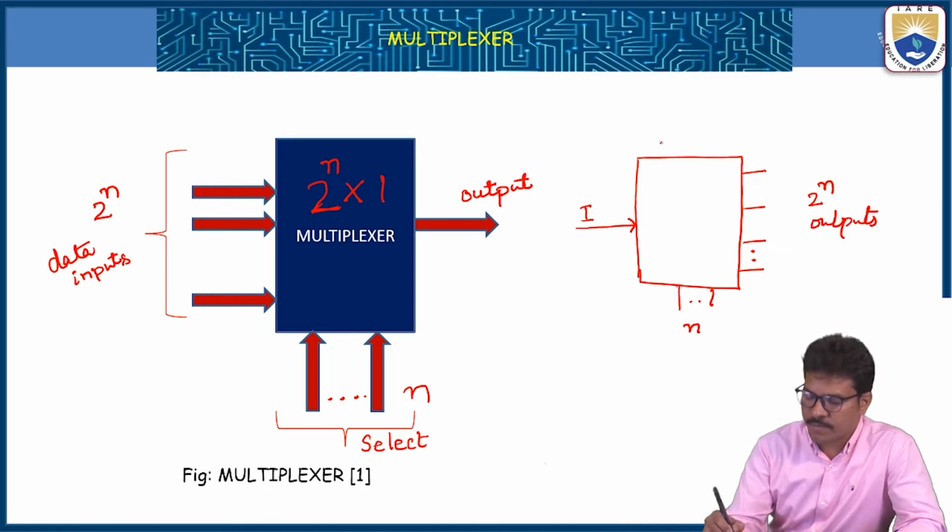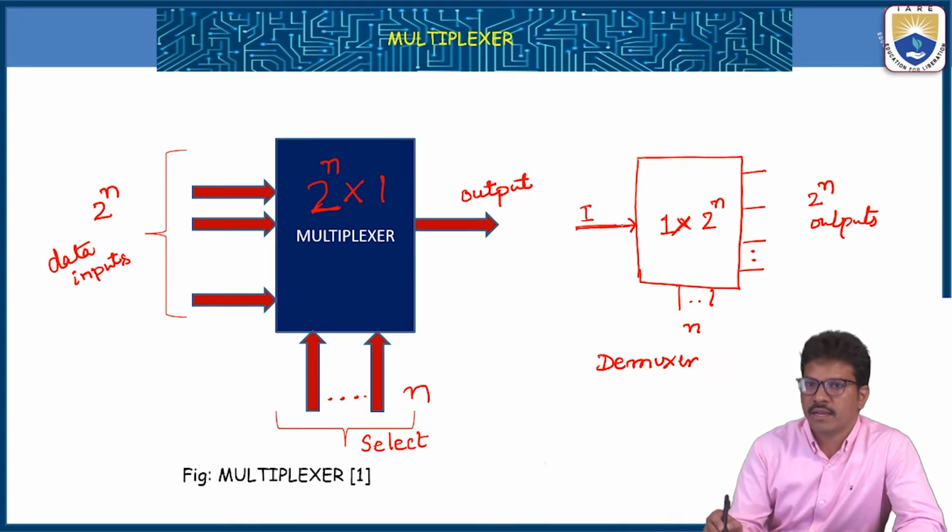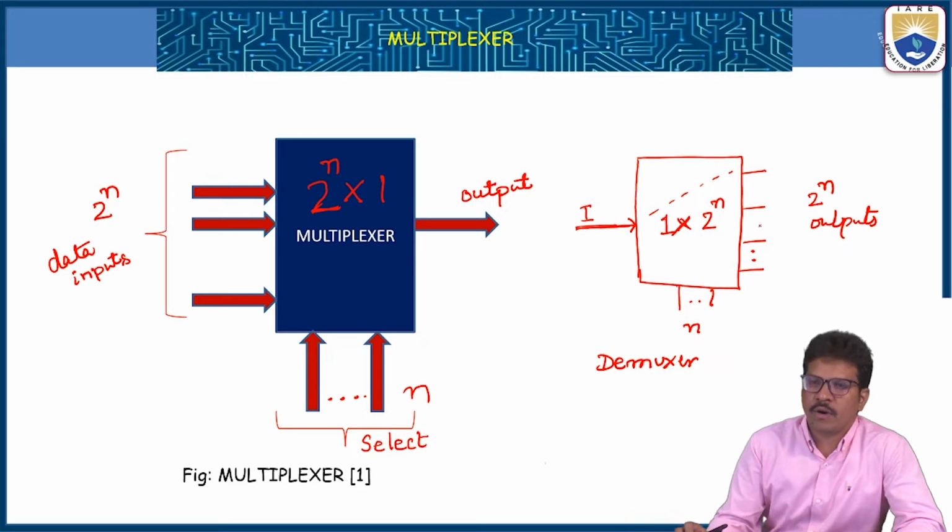This is called a demultiplexer. We can generalize it as 1 to 2 power n, where 1 is the single input, the channel is single, and the serial bits are selected to the corresponding output among the 2 power n outputs based on the select lines.